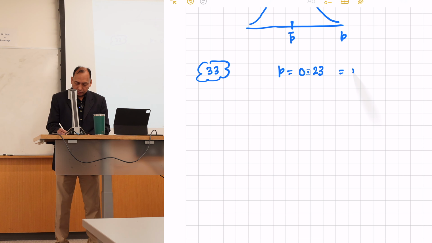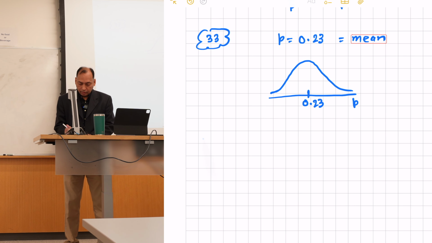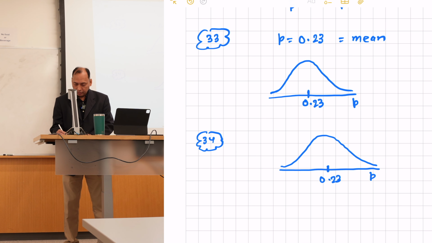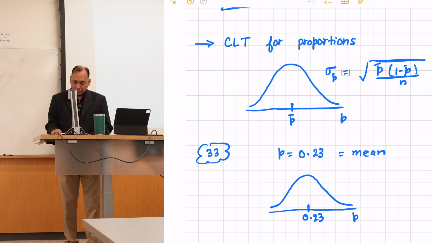So if I draw this picture for proportions, the question was what is going to be mean? Mean is going to be the same, 0.23. Second question, the 34th one was what will be the standard deviation? If we have distribution of P's and mean is 0.23, then what is this standard deviation? So for that, we use this formula.